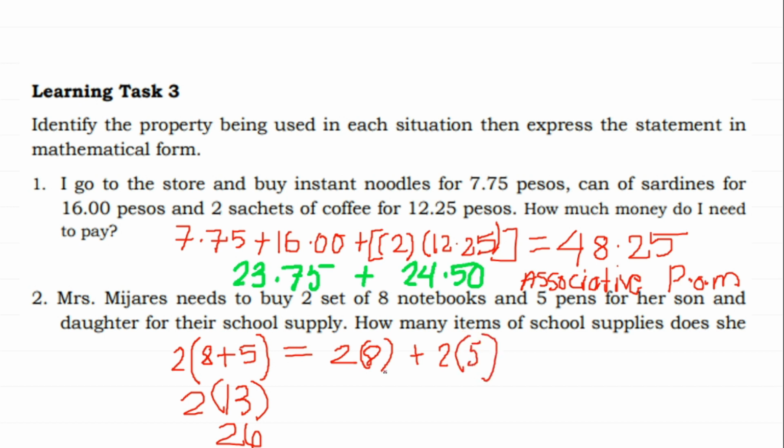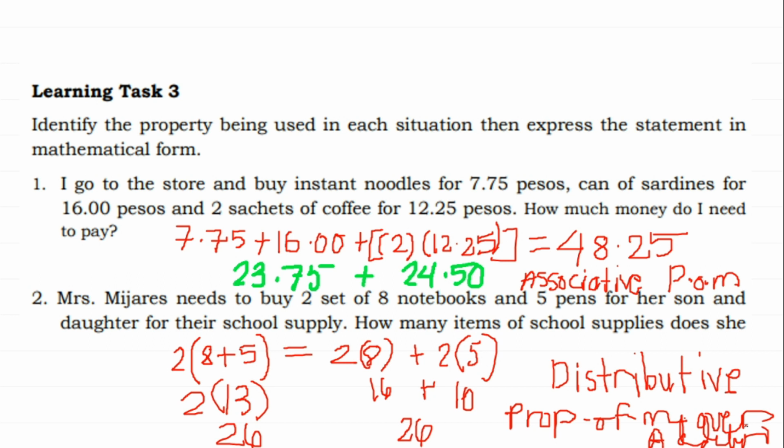Okay? So, therefore, we're gonna have 16 plus 10. That will give us also 26. Okay? So, we have 26 school supplies ang kailangan niyang bilhin. Okay? So, this is under distributive property of multiplication. Okay. Distributive property of multiplication over addition.